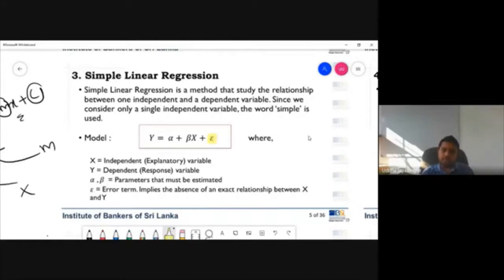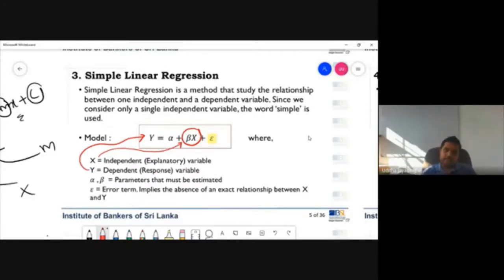It's because we have only one explanatory variable and the response variable's movement. This y variable is the response variable, and this x variable is the explanatory variable. In other words, x is independent, y is dependent.